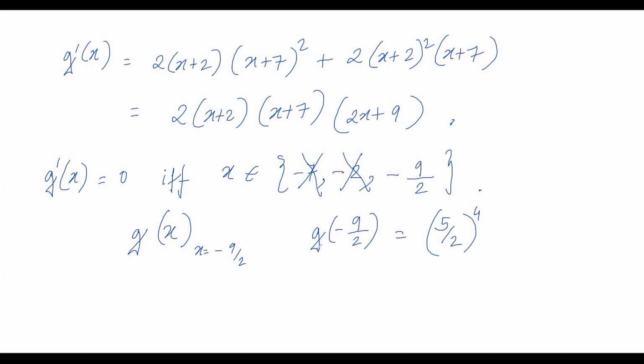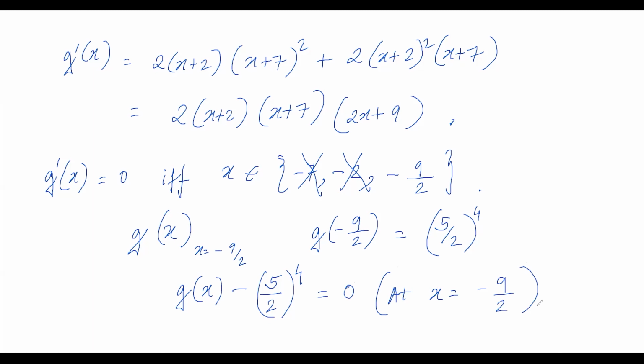And so you see that if we subtract 5 over 2 whole to the power 4 from g of x, then at x equals minus 9 over 2 it will take the value 0, right? And thus a should be equal to minus 5 over 2 whole to the power 4. So this is the only possibility for a. And so we are done with question 2.